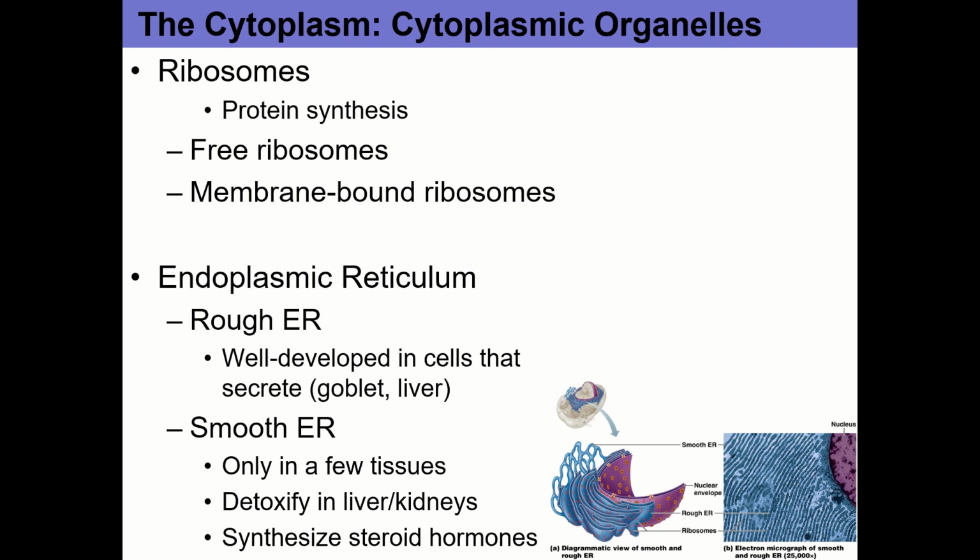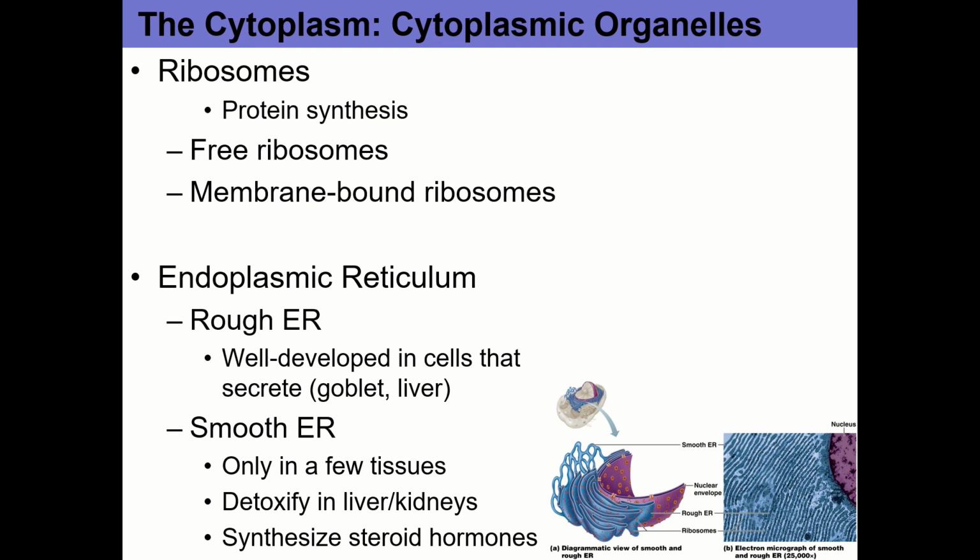The smooth endoplasmic reticulum, as you can see there, is only found in a few types of cells or a few tissues. For example, there's a well-developed smooth endoplasmic reticulum in the testes because it helps us synthesize steroid hormones like testosterone.